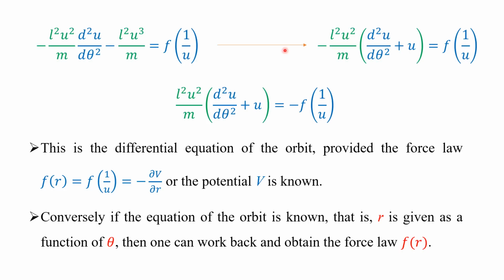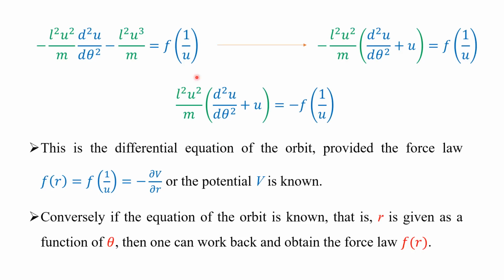Inside the bracket you have d2u over d theta 2 plus u, which is equal to f of 1 over u. You bring this minus to the right-hand side, and it will become minus f of 1 over u.